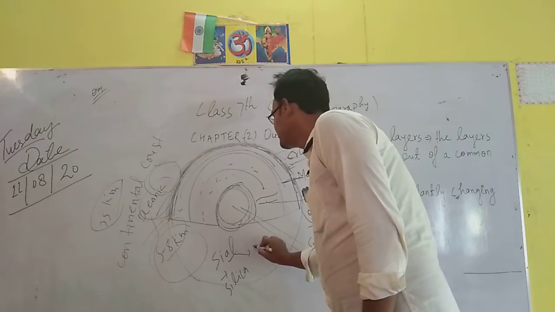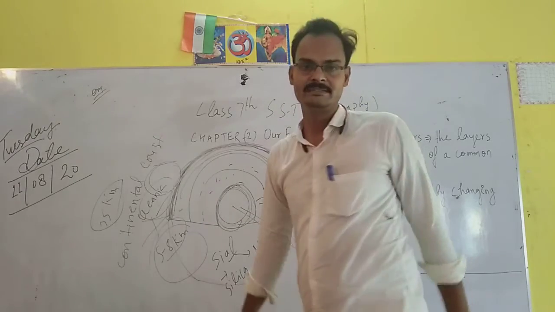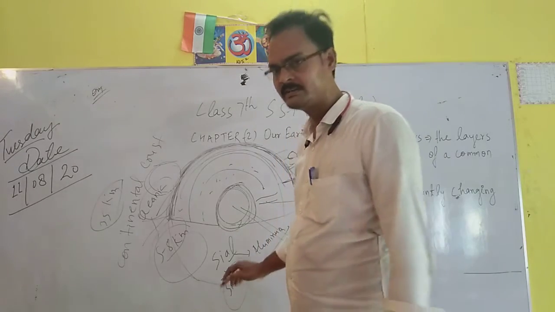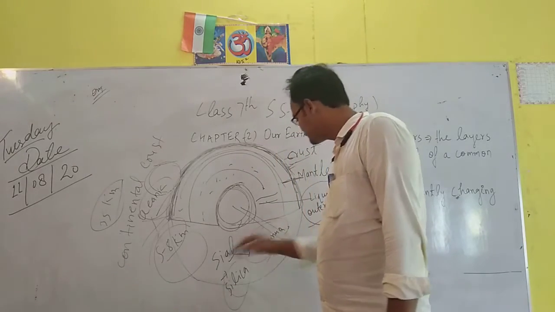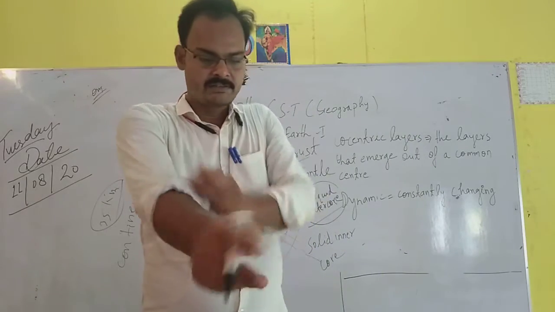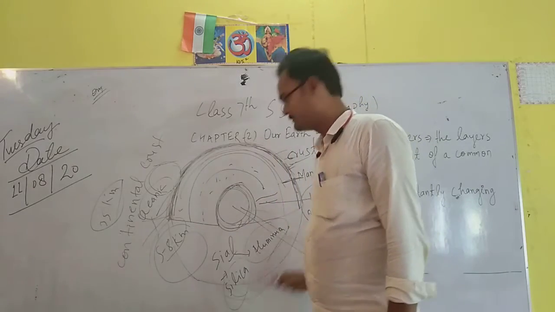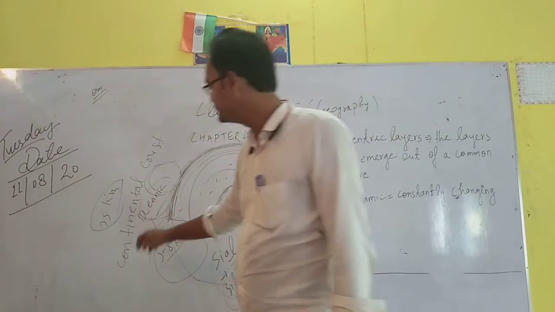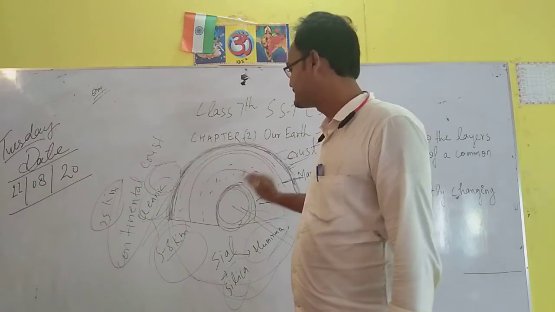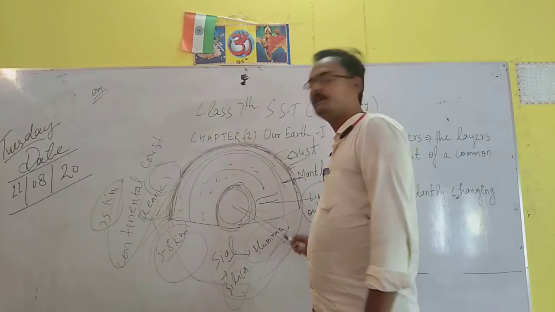and Al means aluminium. Students, as you know about aluminium and silica, most of sand is silica, and there is aluminium wire, you can understand. So these two metals are in the upper side of the crust, a 35 kilometer layer of silica and aluminium.